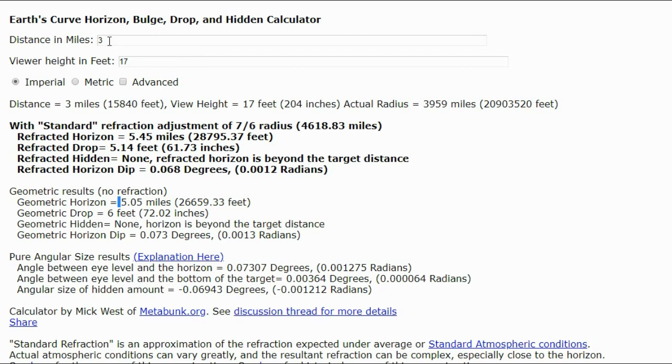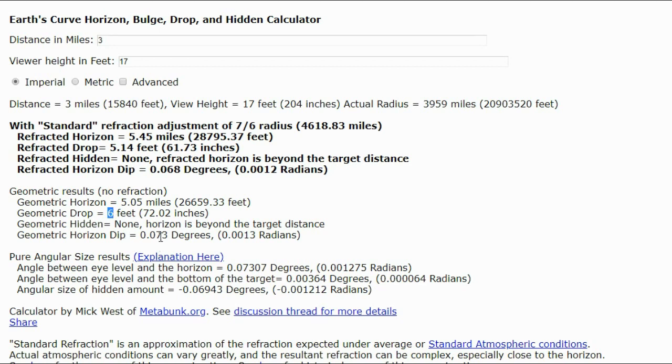Okay, so the short distance that we came up with was the 3. So that ship is sailing right across and it will be 3 miles from us. Okay, so according to this calculator, when it is 3 miles from us, the difference is 6 feet.